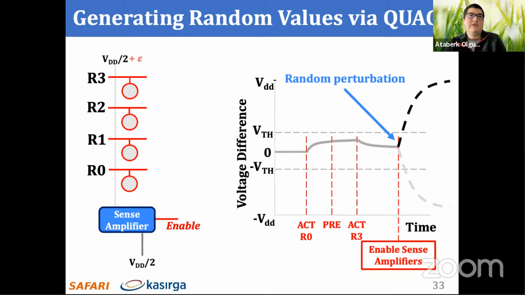So basically, you could potentially increase the throughput of QUAC-TRNG by 30-something folds if you can generate random values on all sense amplifiers with one activation.